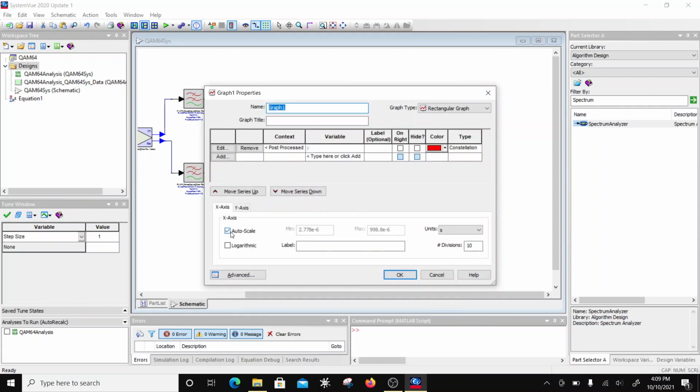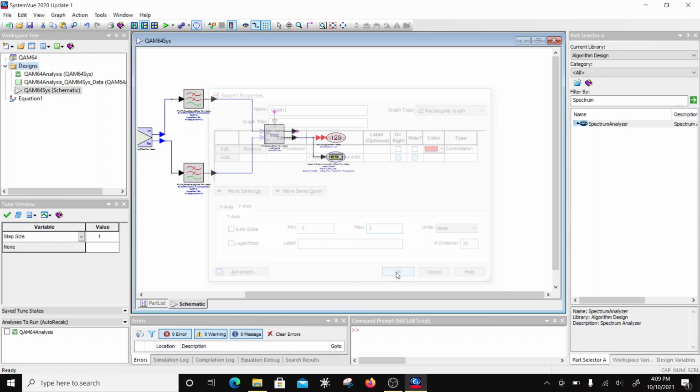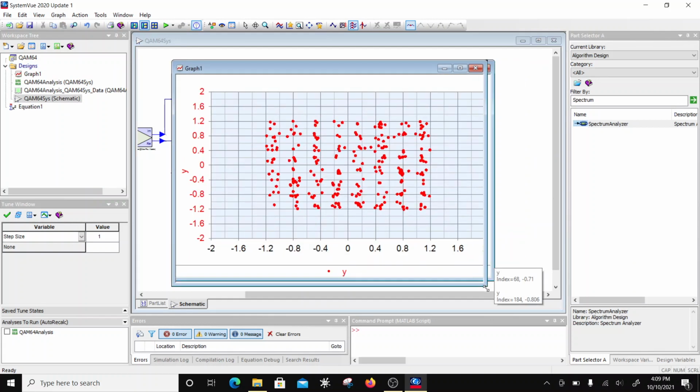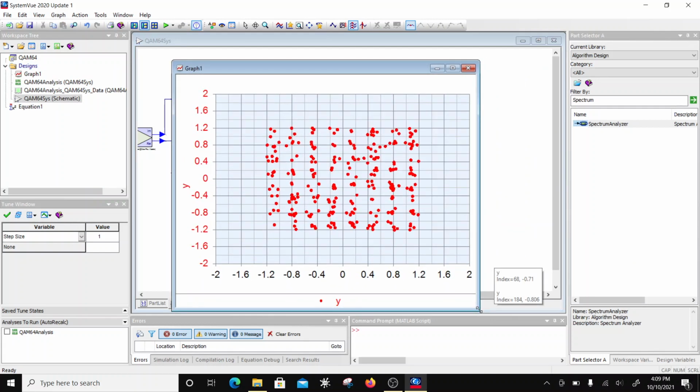And here I am going to put scale as -2 to 2, and also -2 to 2. Okay, so that's not so good.